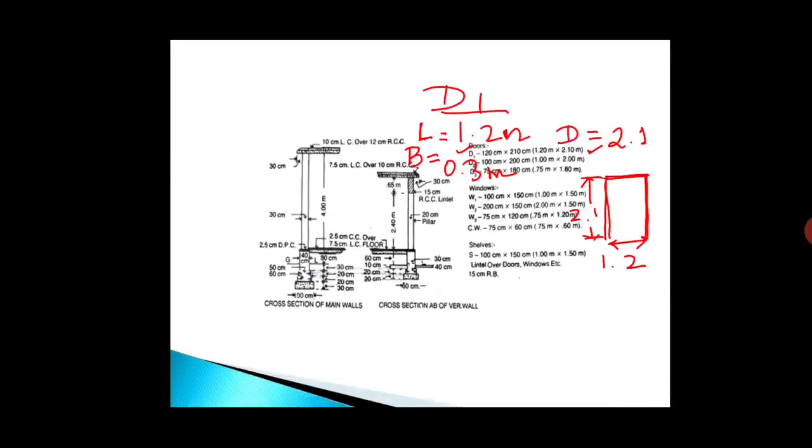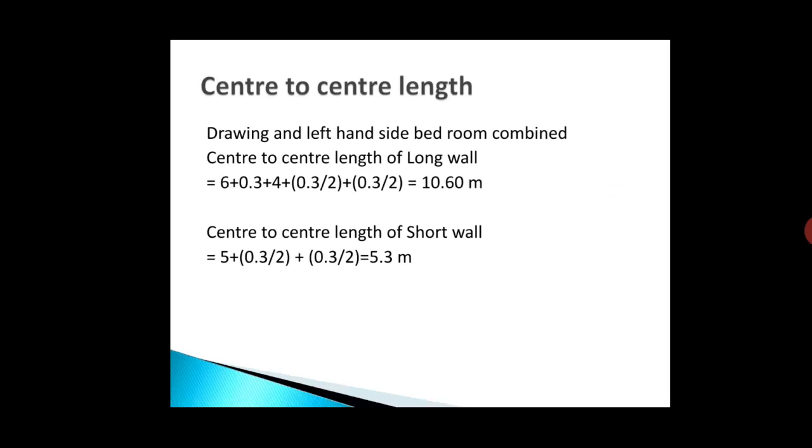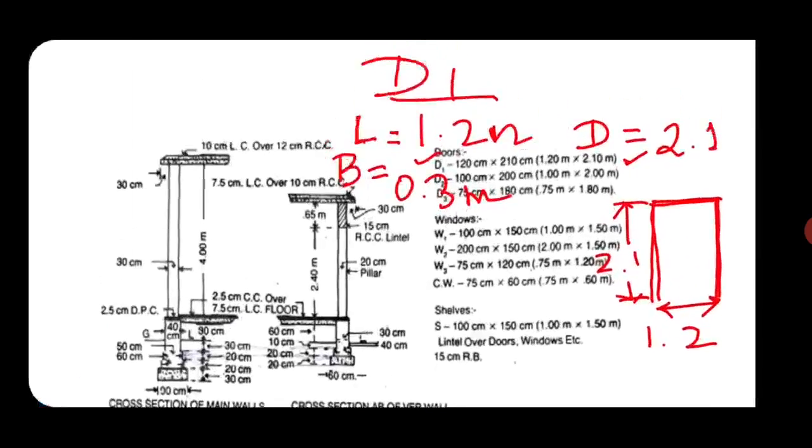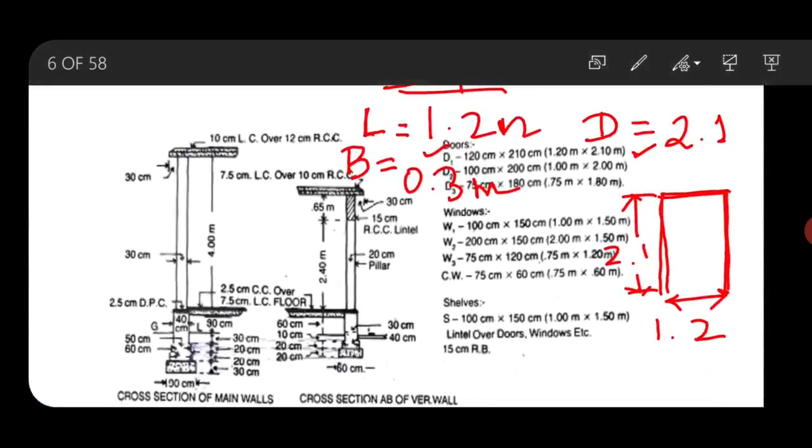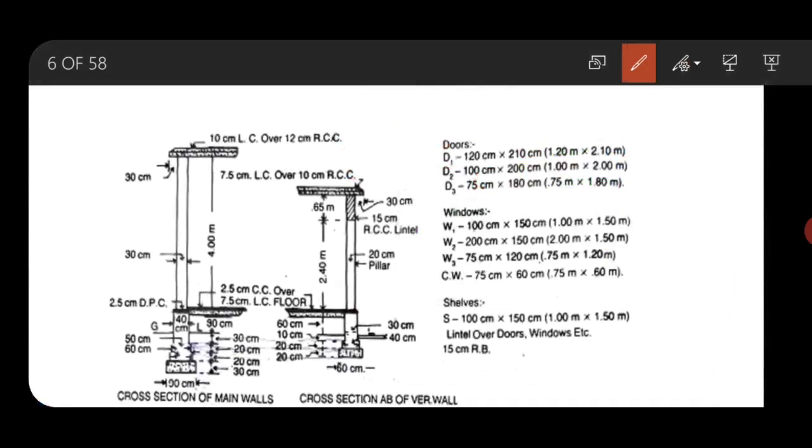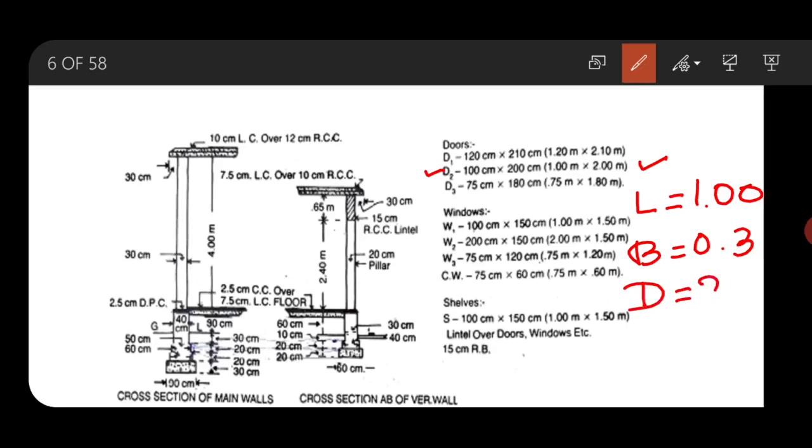Then what will be the dimensions for this deduction? For D2, this is the size, that is 1 by 2 meter. So the length of the deduction will be 1. The breadth will be the same as the breadth of the superstructure, and the depth will be equal to 2 meter. This is for calculation of D2.